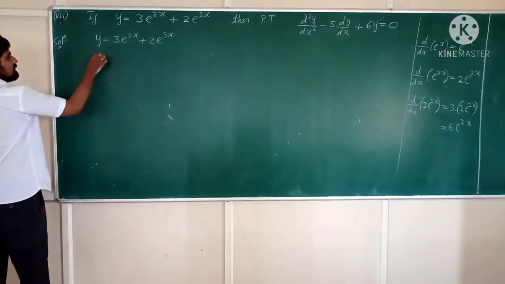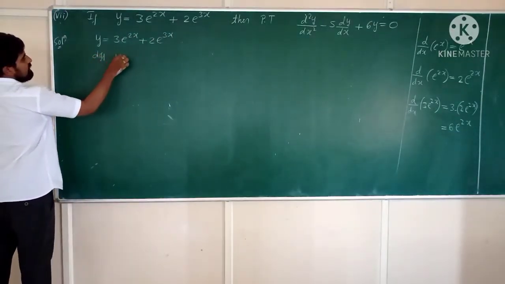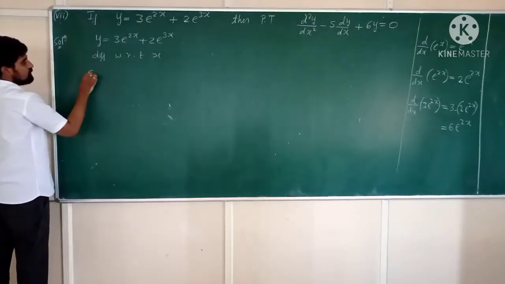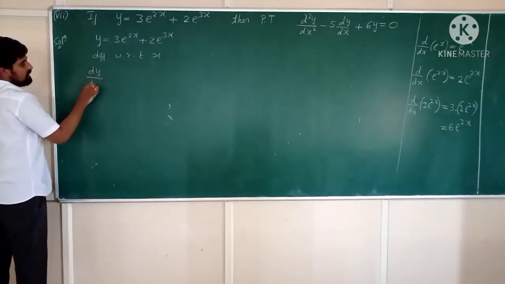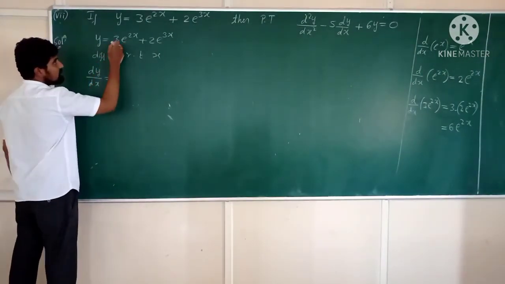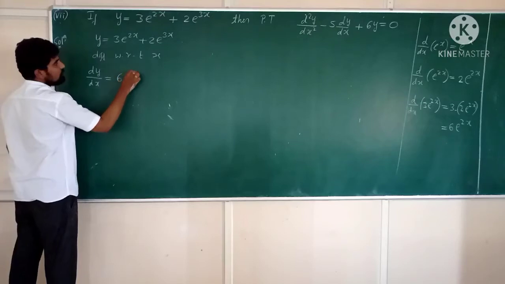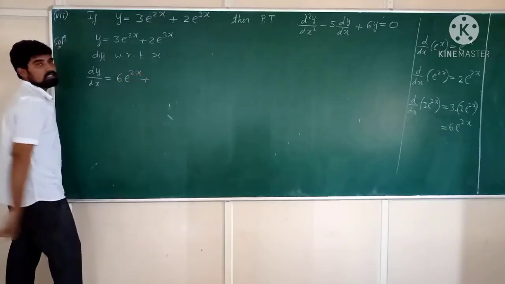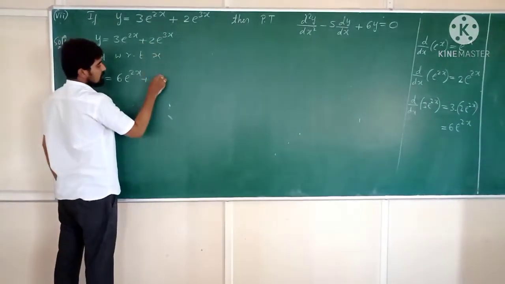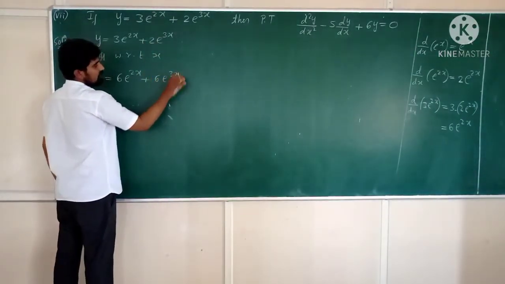So first, differentiate with respect to x. dy/dx is 6 into e^(2x) plus 2 into 3, which is 6 into e^(3x).